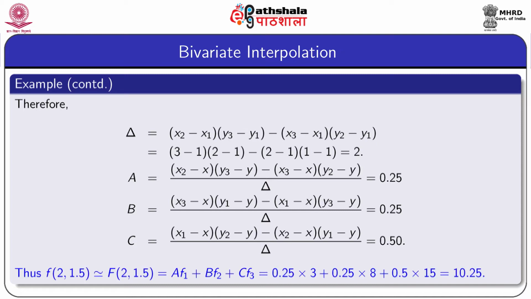So, using these values, the approximate value of f at (2, 1.5), which is capital F of (2, 1.5), is equal to A f1 plus B f2 plus C f3. Now, the values of A, B, C are 0.25, 0.25 and 0.50, and the values of f1, f2, f3 are 3, 8 and 15. After simplification, we get the value of f at (2, 1.5) is approximately equal to 10.25.